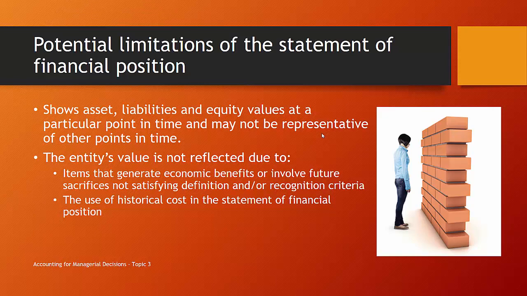So things like brand names, for the most part, don't meet the criteria required to be recognized. And as such, generally speaking, you do not see them. There's a whole range of other things that we don't see on there.